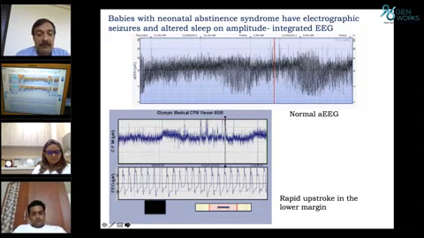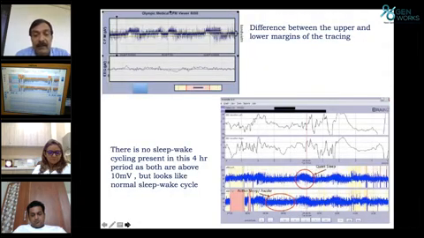So we see low voltage complexes, more towards a mature brain. Maybe a sleep wake pattern appears, but it is not very classical of a normal EEG. This is the classical pattern we get in neonatal abstinence syndrome.